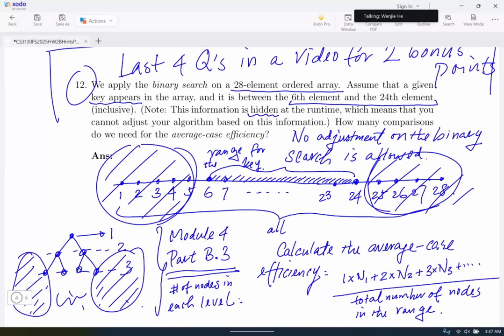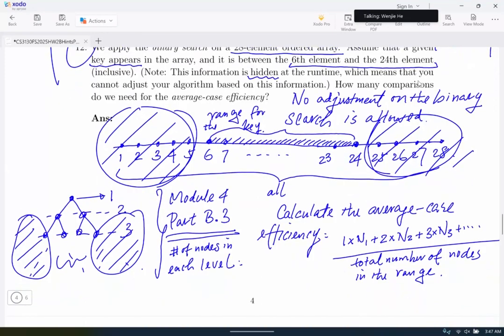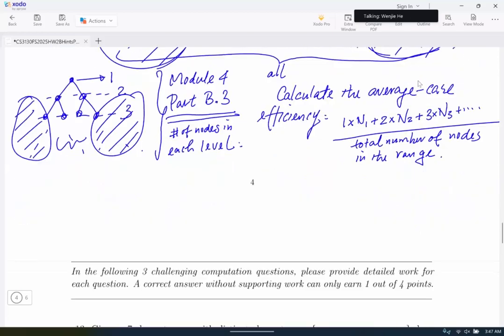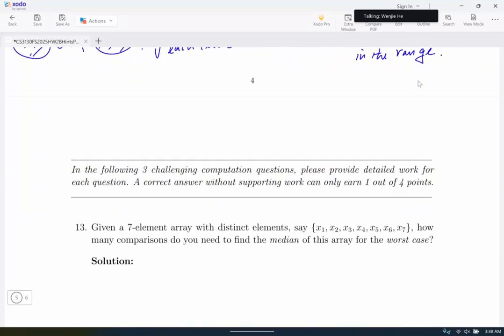Now let's move to the last 3 questions. Those are the challenging computation questions. This time I do not give you 5, I only give you 3 challenging questions.